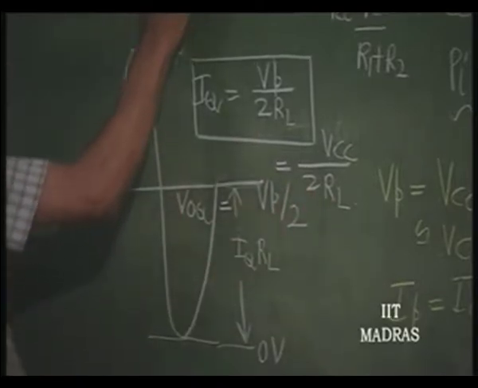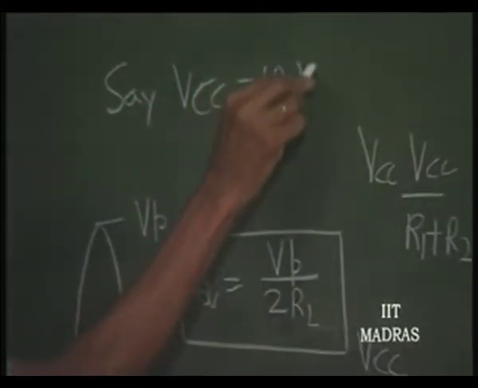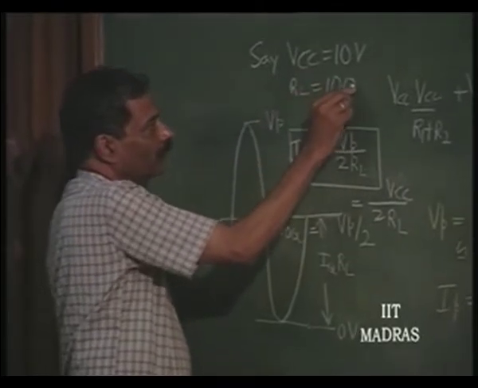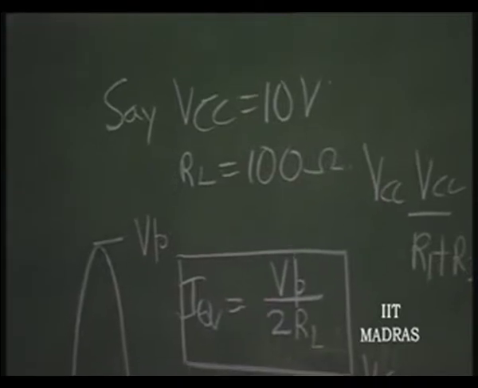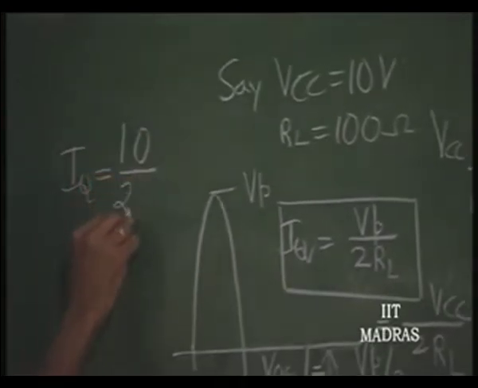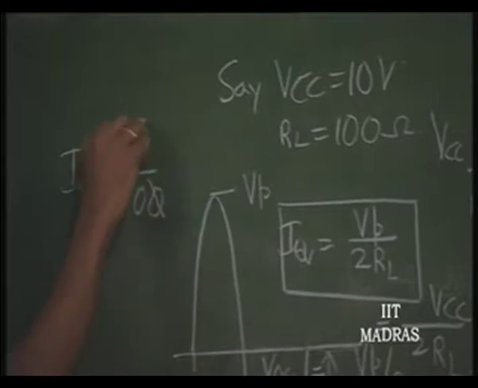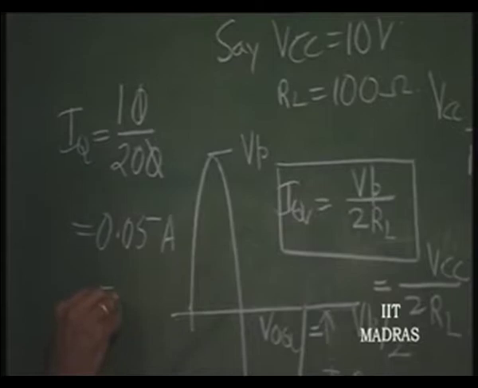So, let us say if VCC is 10 volts, okay, RL is 100 ohms, then IQ is going to be 10 by 200 ohms, okay, which is 0.05 amperes or 50 milliamperes.